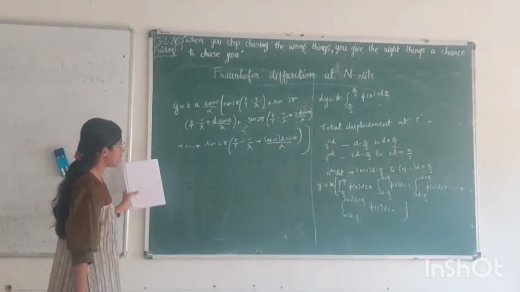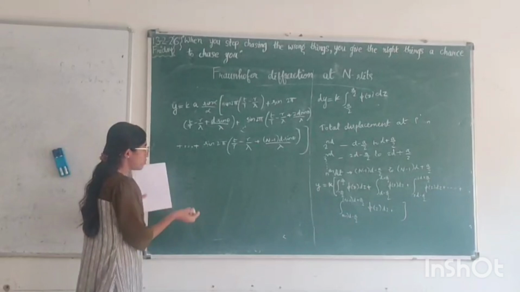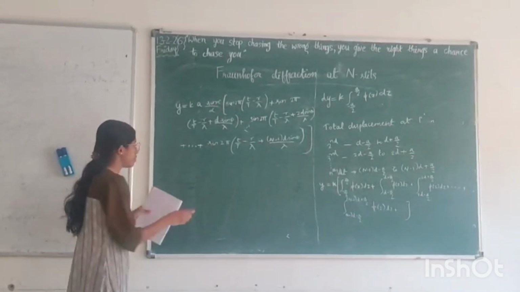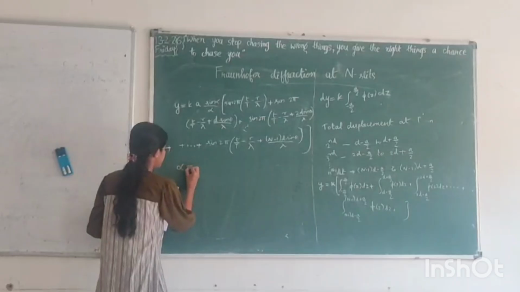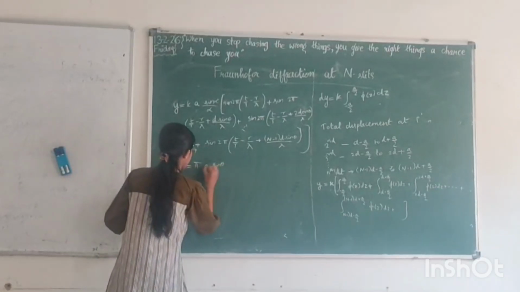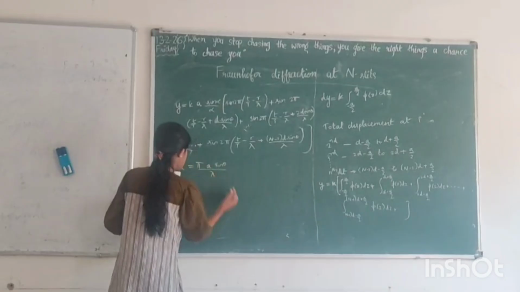Now from the class taken by Ananda and Anila, we understood alpha is equal to pi a sin theta by lambda.